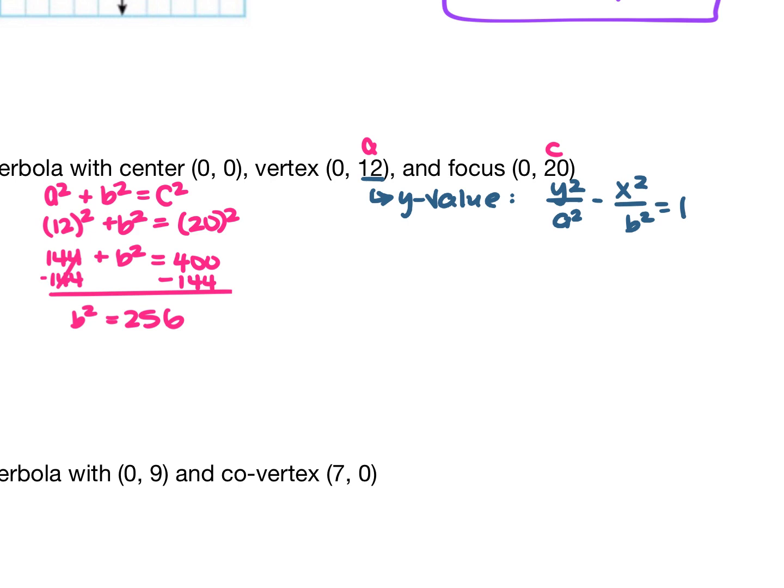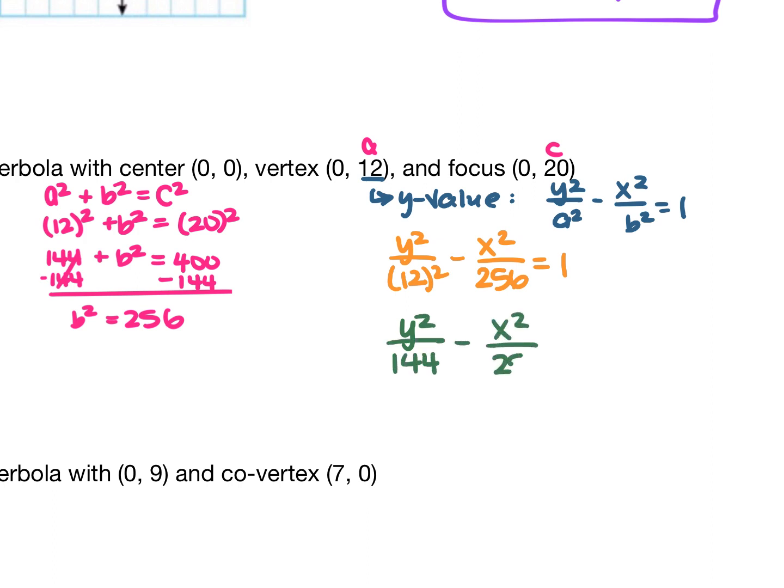So it's going to give us Y squared over 12 squared minus X squared over 256 is equal to 1. Simplify that 12 squared, and you're left with Y squared over 144 minus X squared over 256 is equal to 1.